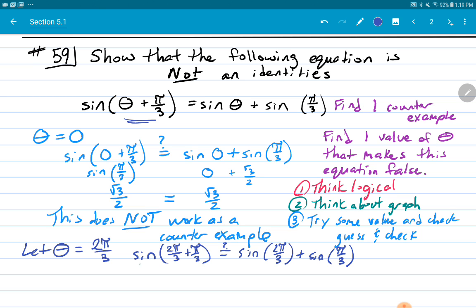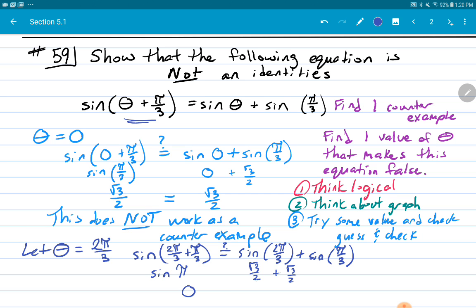So on the left, I have sine of pi. 2/3 pi plus 1/3 pi equals pi. And sine of pi is 0. And on the right-hand side, I have sine of 2 pi over 3, which gives me radical 3 over 2. And sine of pi over 3, which also gives me radical 3 over 2.